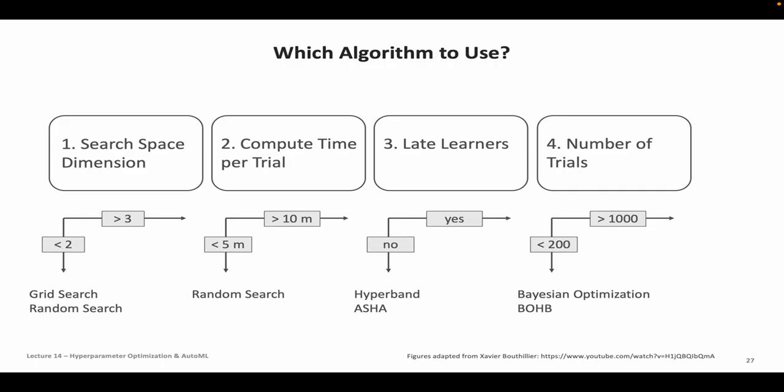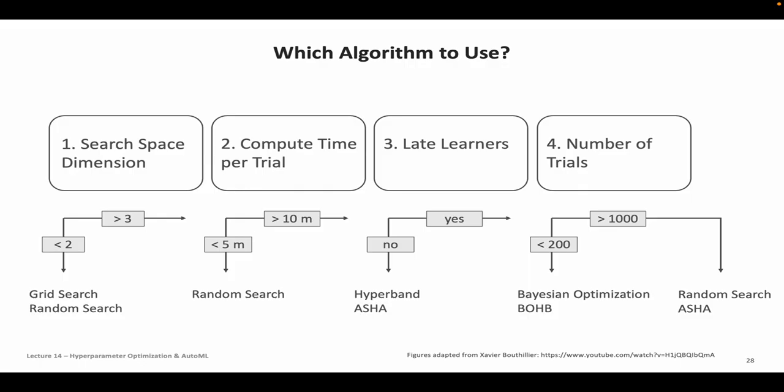However, if you have a large compute budget and can afford to run trials in the thousands, then you are again back to the methods from the beginning, which is random search, or of course the more efficient version of this, the ASHA algorithm, because with such a large number of trials, usually not so many things can go wrong.